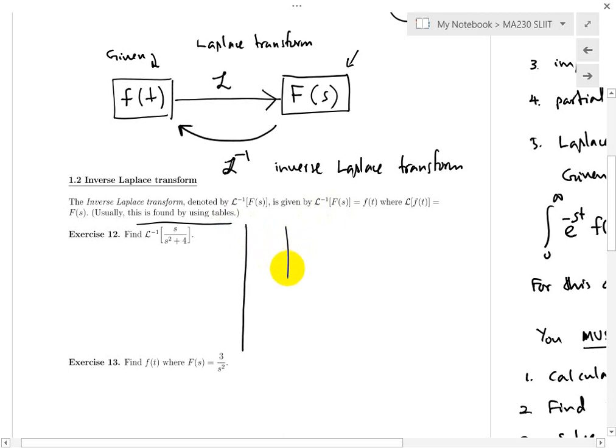So if we have this kind of function, this is a causal function, so this part is 0. Suppose you have this function, let's say this is just t, the ramp function. So I hope you have done that. I asked you to compute the Laplace transform for t when t is positive. I hope you have done that. So here you get the Laplace transform of t to be 1 over s squared. Okay. So we are going to say the inverse Laplace transform of 1 over s squared to be t.